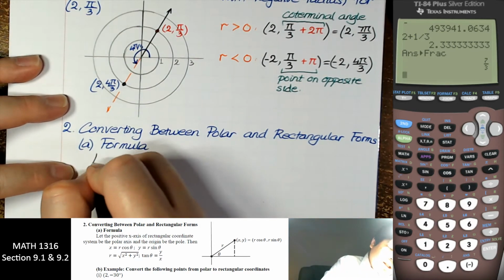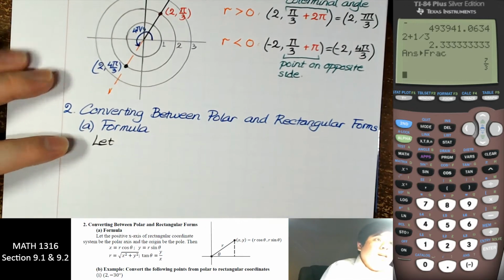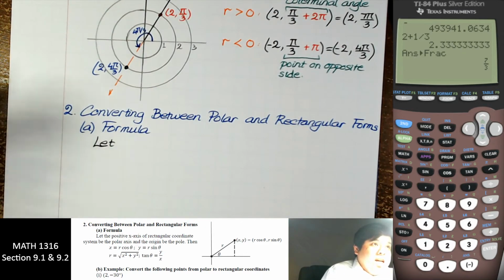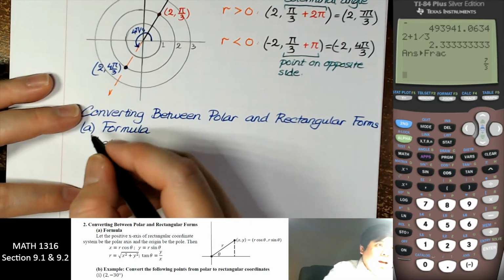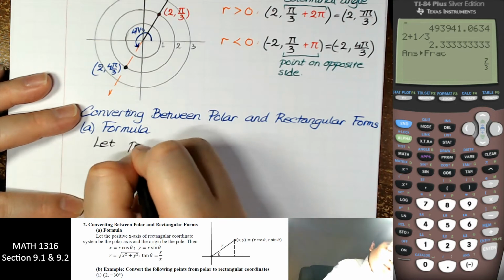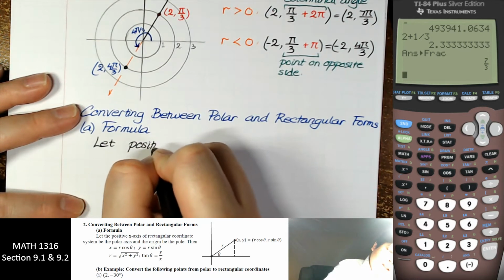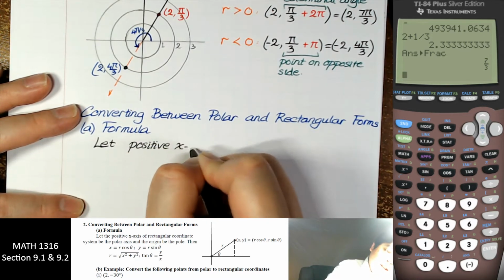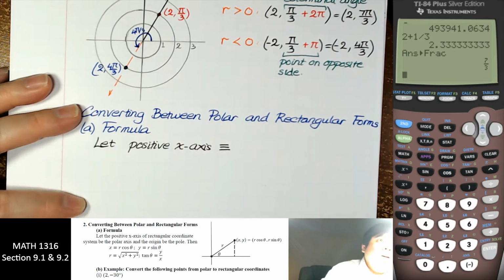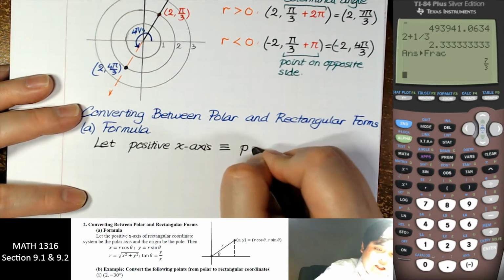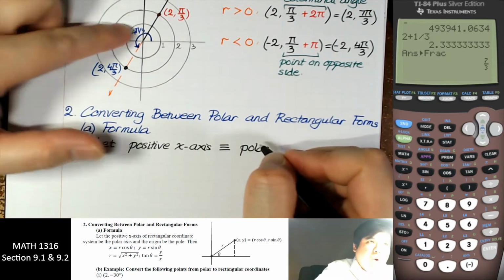Right, first, let the positive x-axis in the rectangular coordinates be the same as the polar axis. So first, I'm just going to summarize this. We're going to let the positive x-axis be identical with the polar axis, which is what we have been doing.